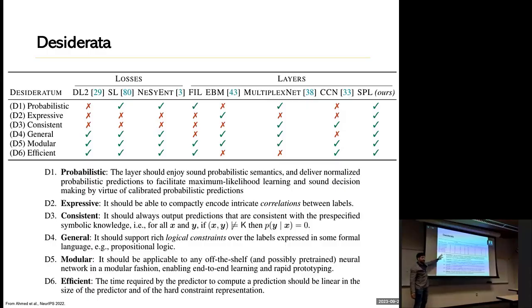So it abides by the probability axioms, so it's a true probabilistic approach. It's expressive in terms of what it can encode. It assures consistency, which is a big plus. And then they make some cases about modularity. They also make a good case for it being efficient, but there's limits to that.